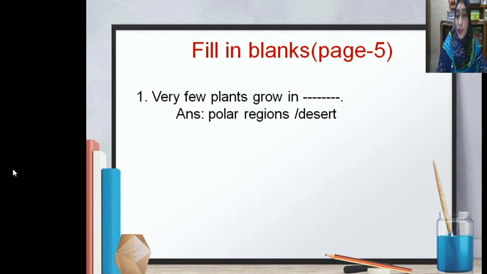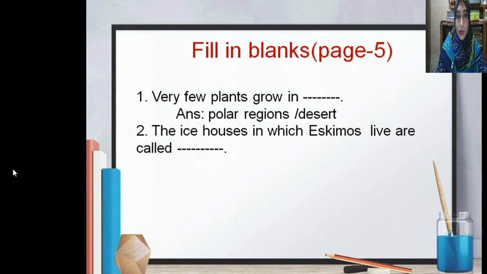Now I discuss with you number 2. The ice houses in which Eskimos live are called, but we have to write here, igloos. The ice houses in which Eskimos live are called igloos.